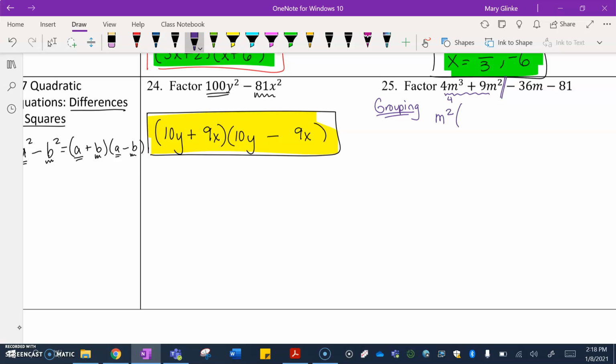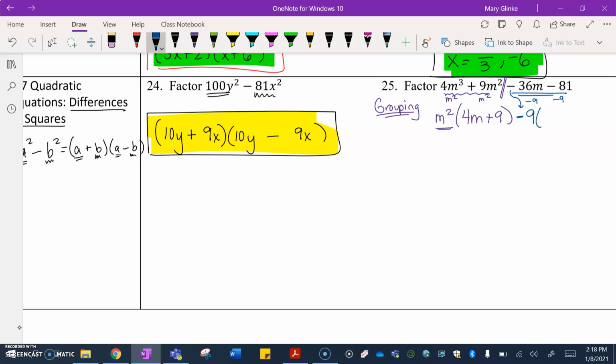So if I divide out an m squared, let's write an m squared here instead. We write our GCF out in front, and we write what is left behind when we divide out our GCF. The next 2 terms have a 9 in common, and because my leading term here is negative, I'm going to factor out a negative 9.